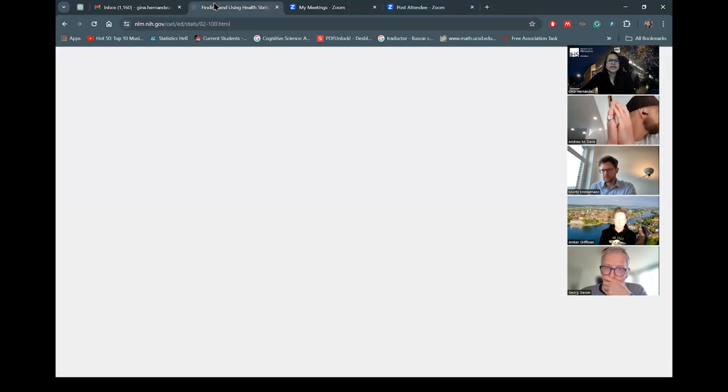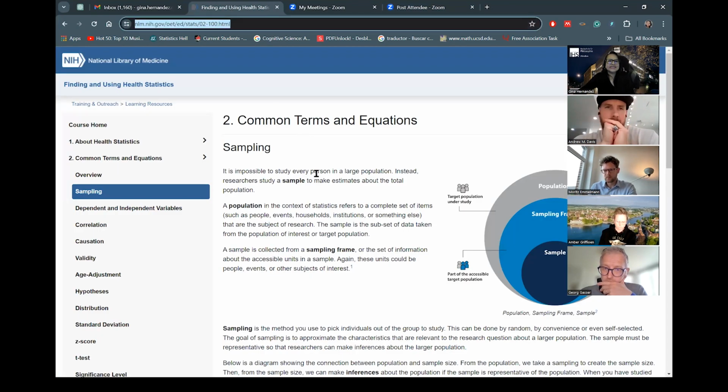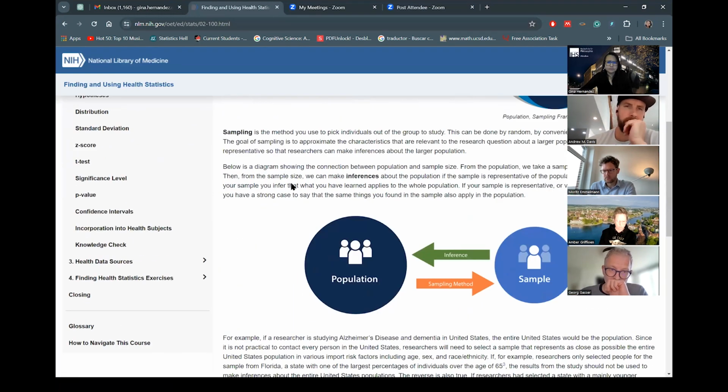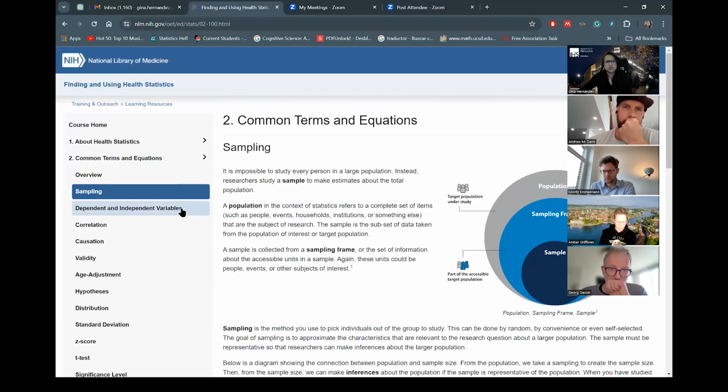Okay, here, I really like this website. It's from the National Library of Medicine. And here you can have a really easygoing overview regarding the common terms that we use in statistics. So here, for example, they are talking about sampling, and they are also describing some sampling methods and some usual errors.